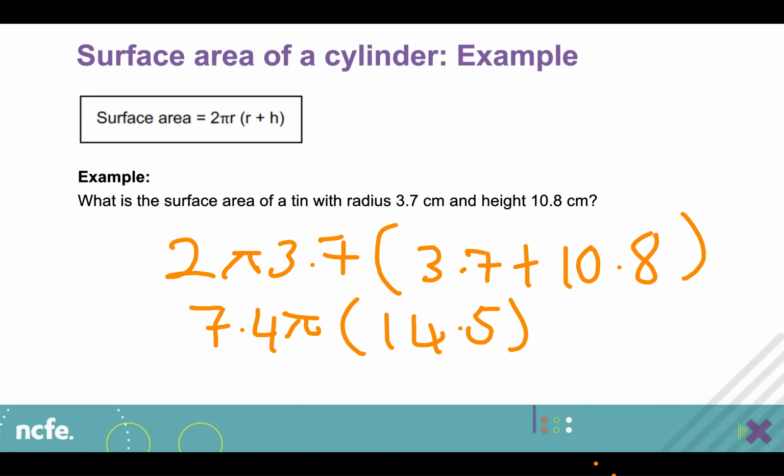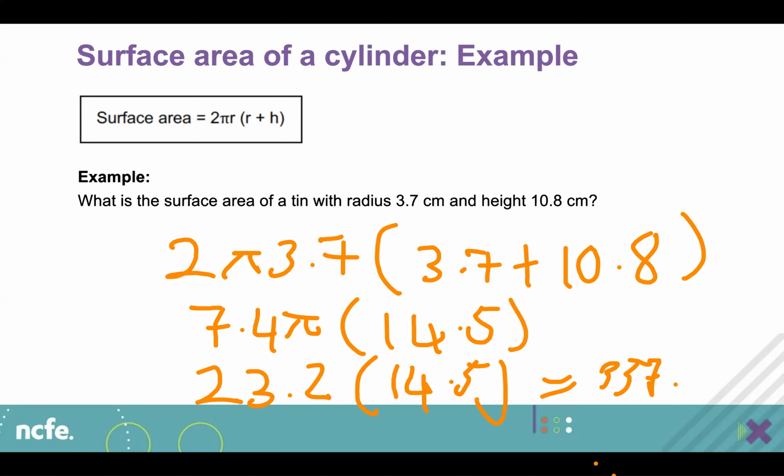7.4 times 3.14159, which equals 23.2 times 14.5, which equals 337.1.